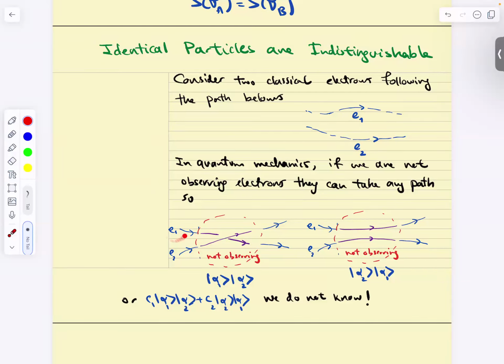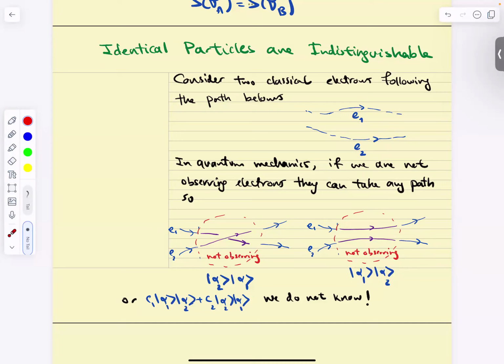So if the initial ket that you start with was alpha 1, alpha 2, where this was particle 1 and particle 2, this is when you did not swap, and this is when you swap. There's no way for you to know, when you close your eyes in between, whether they went straight or they swapped.